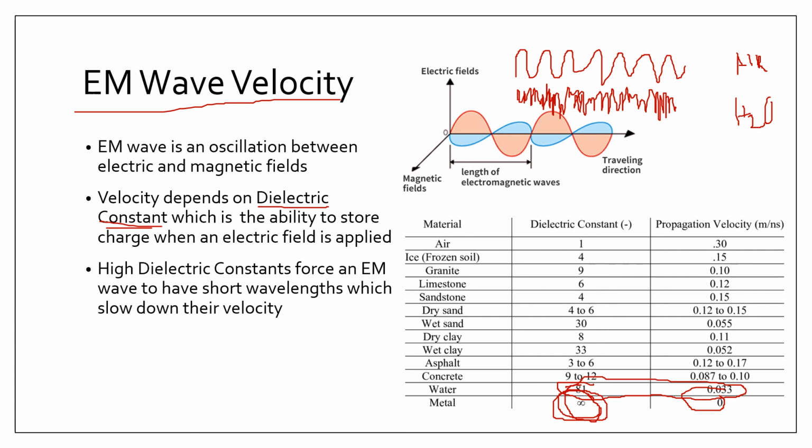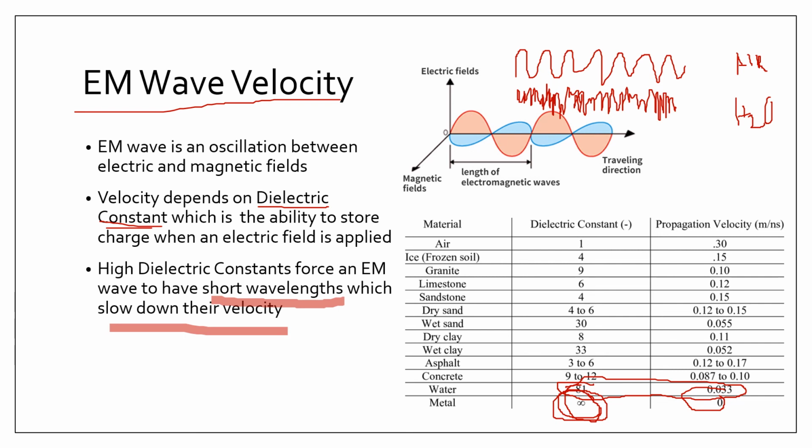Sorry, I think the correct statement here is that high dielectric constants force the EM wave to have short wavelengths, which can slow down their velocity.